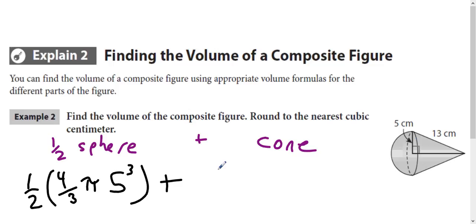And then the cone, pi r squared times the height, same radius, times the height. I actually don't give you the height here, I'm just going to give it to you. It's 12. It's supposed to be labeled there as 12.